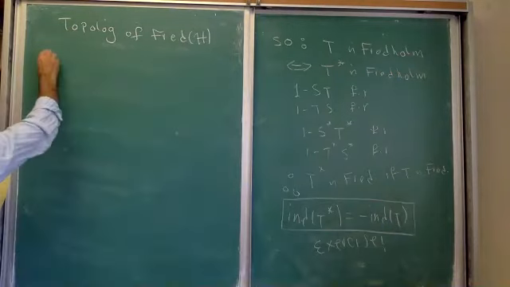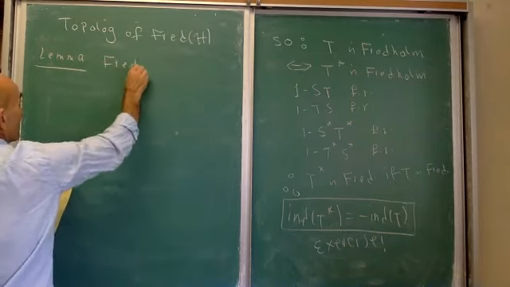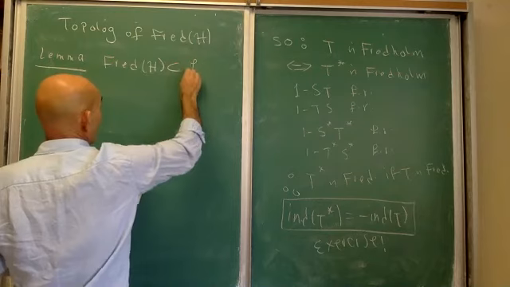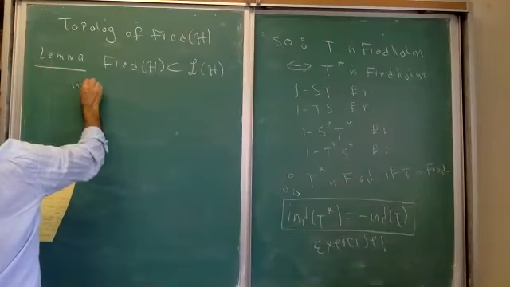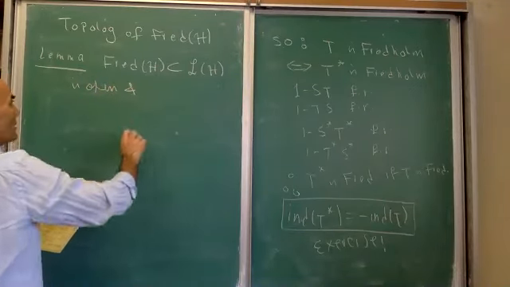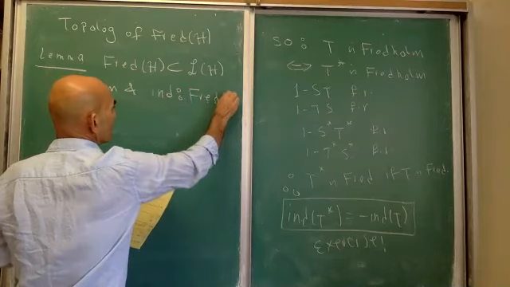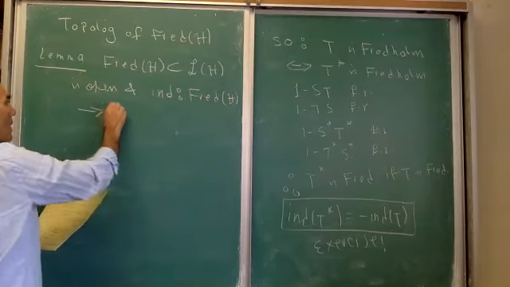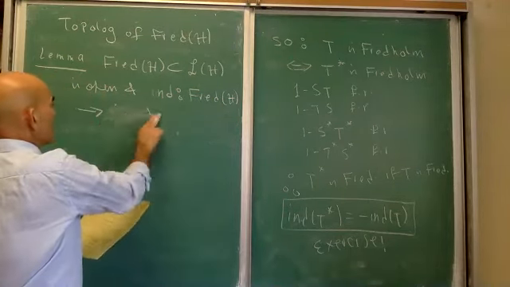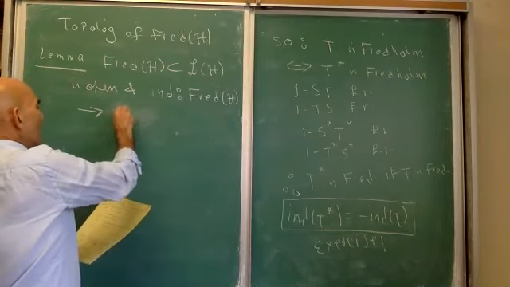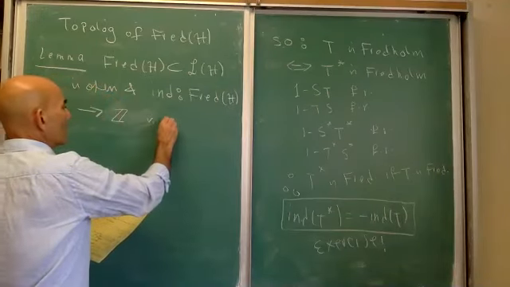So the first result really is this lemma. Fred H inside L of H is open, and index from Fred H to Z is a continuous map.